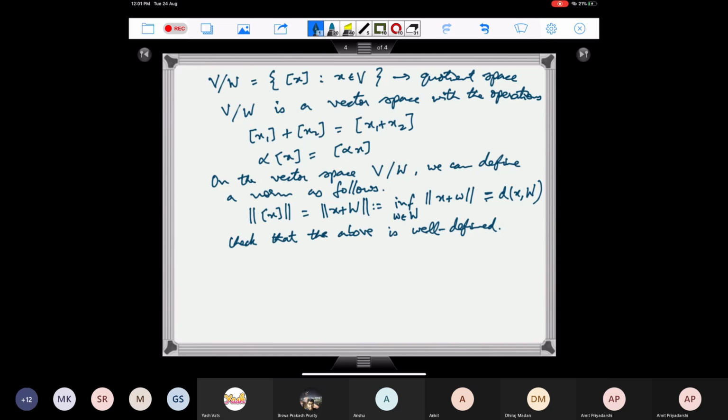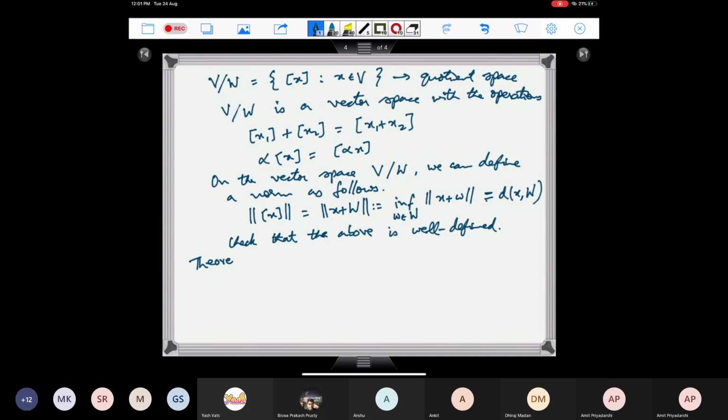Whenever we deal with cosets, you need to check that this is well defined. That is easy, just by the definition. And then the main result is that this will be a norm.